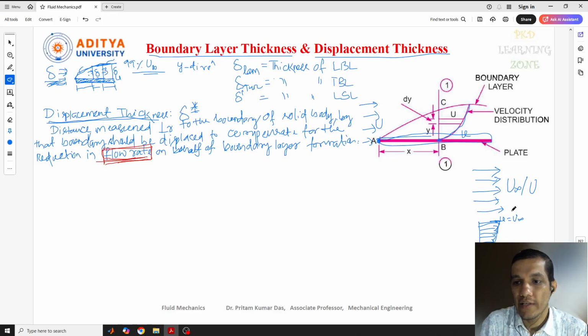Now at this condition, what happened? Your flow rate will be different. Here we will get obviously more flow rate, and here we will get less flow rate. So there is a gap, or you can see there is a loss of flow rate due to the presence of this plate.